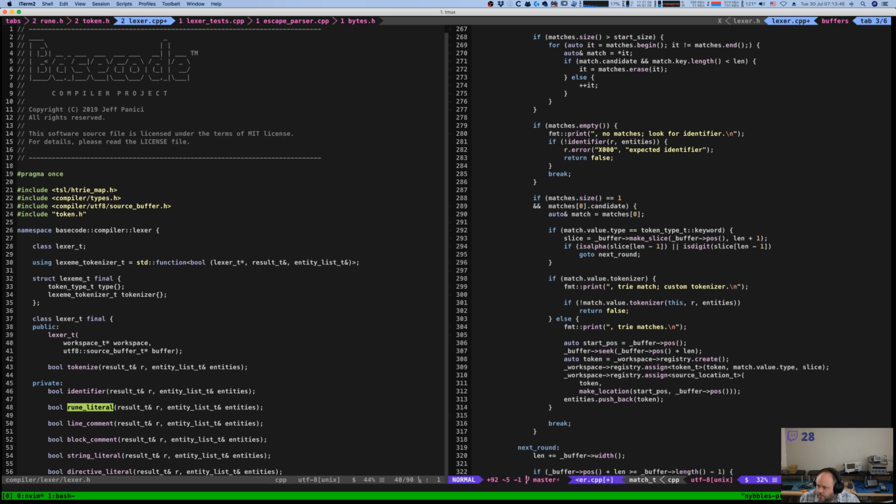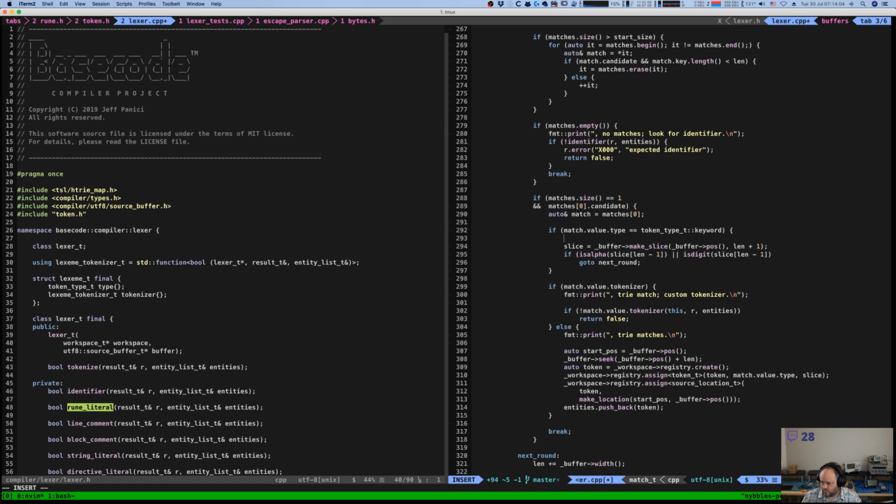Okay, so we come in here, we have a match. If it's a keyword, then what we're going to do is extend the slice by one character, and actually, let's do it like this.